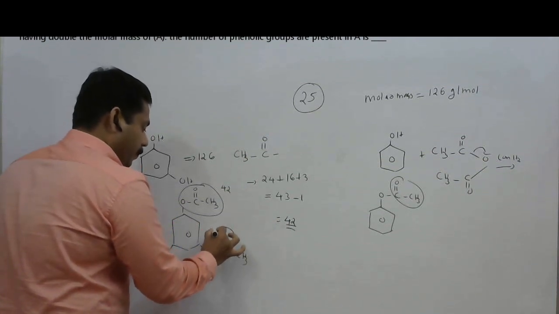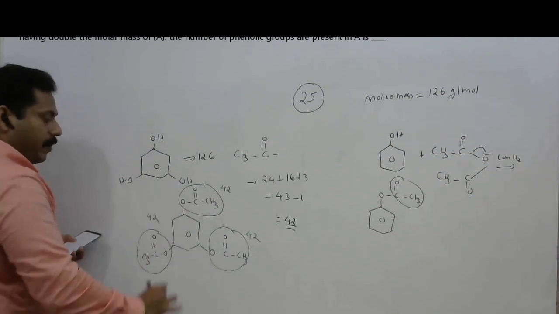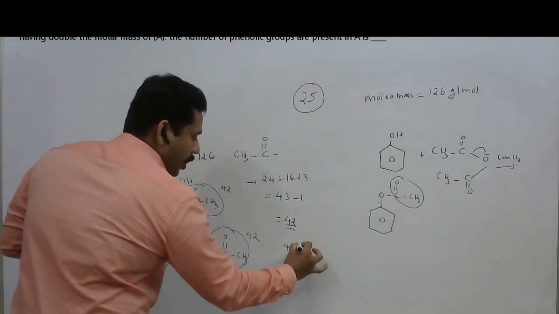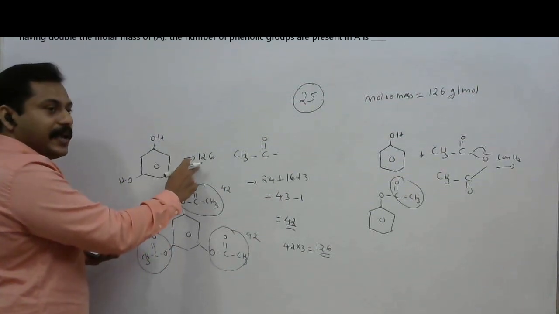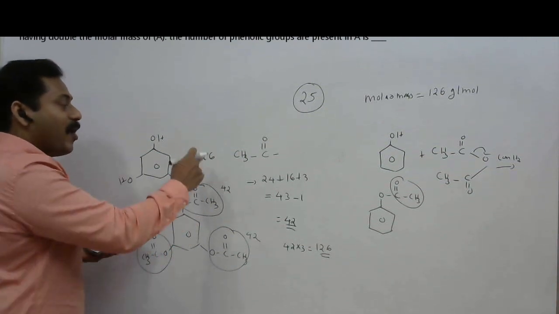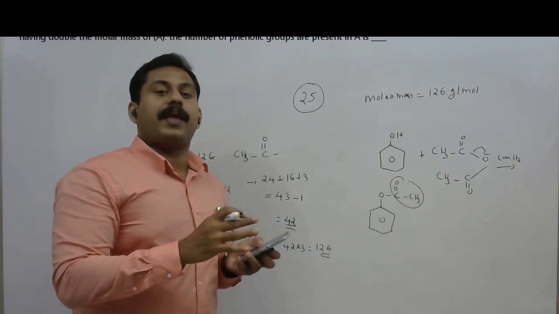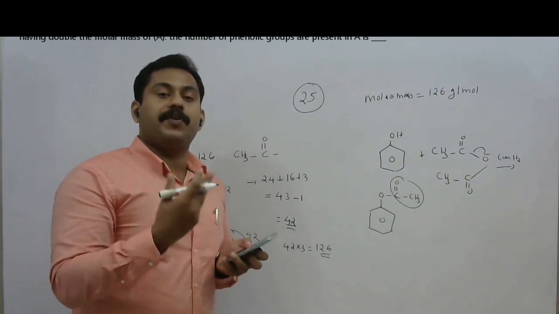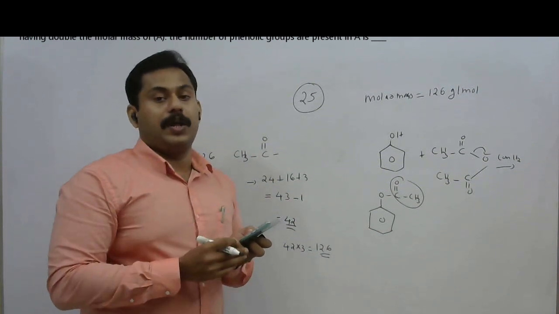Here 42 increase, here 42 increase, here also 42 increase. Why not 43? Because one hydrogen is being replaced, right? So 42 into 3 means 126. Initially I had 126. After replacing 3 hydrogens by 3 COCH3 groups, 126 plus 126, that is double the molar mass of A. So these statements indicate how many phenolic or OH groups we have on the ring. So we have 3 phenolic groups there.